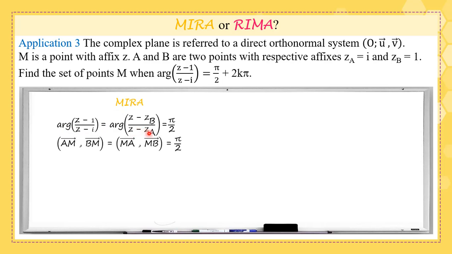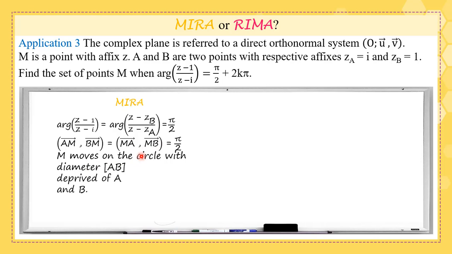Then she said that AM, BM, she translated this argument into an oriented angle equal to MA, MB. She flipped both vectors. This is correct. And this is equal to pi over 2. And if the angle between MA and MB is pi over 2, this means that M moves on the circle with diameter AB deprived of A and B. This is what Mira got.